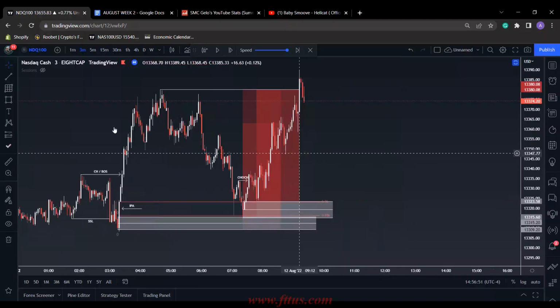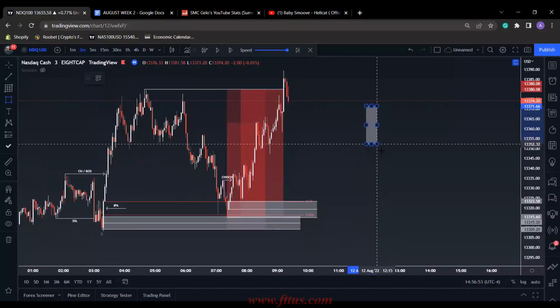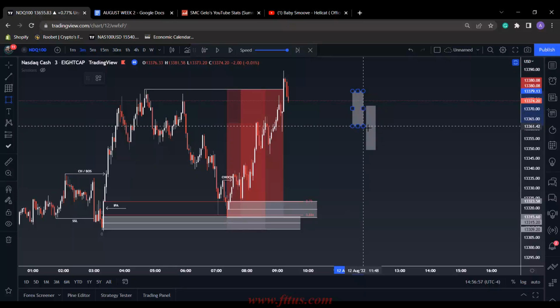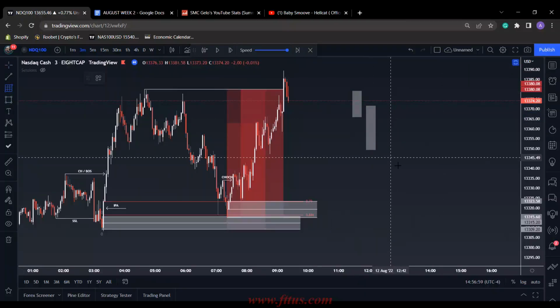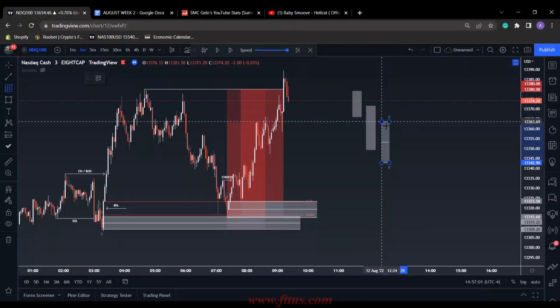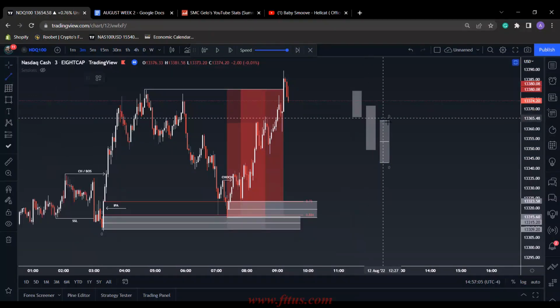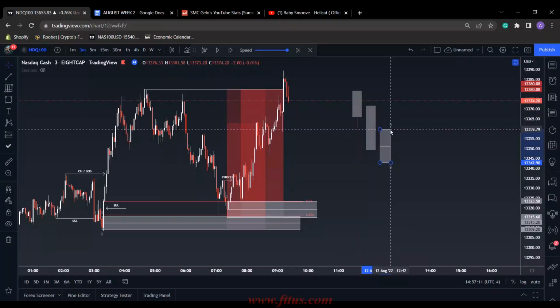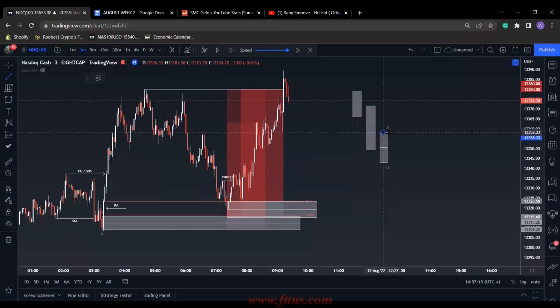So let me show you an example of imbalance, which I went over in another video, so you guys will understand that. But let's just say, let's make this, and then we'll bring this down a little bit to like here. I know these rectangles aren't the same.